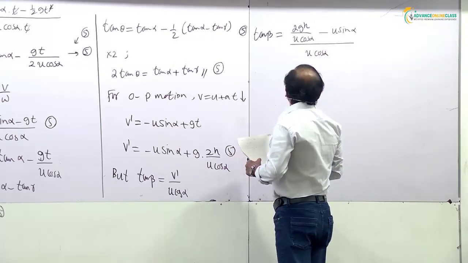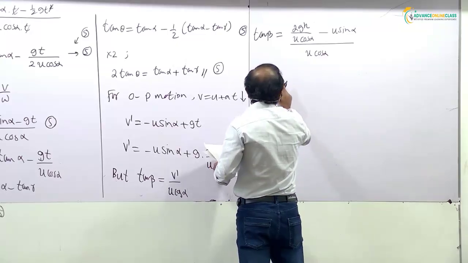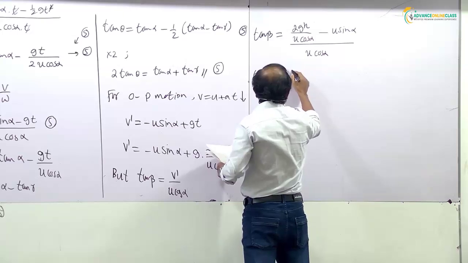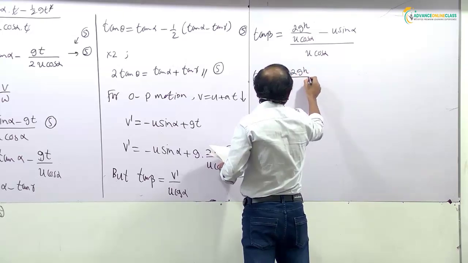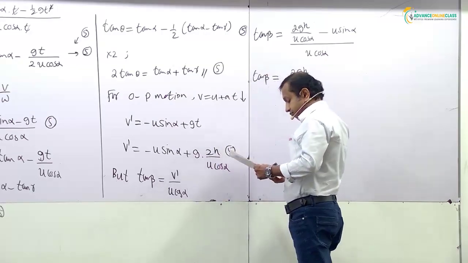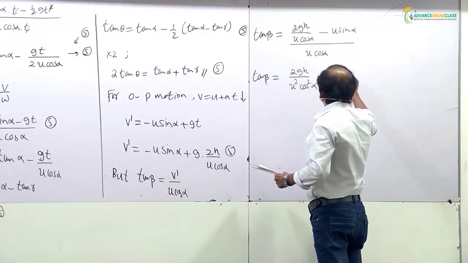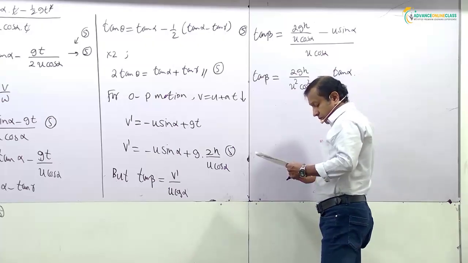Okay. Then we'll simplify this. Tan beta is 2gh over U squared cos squared alpha, minus, divide this by this, we get tan alpha. Correct, no?